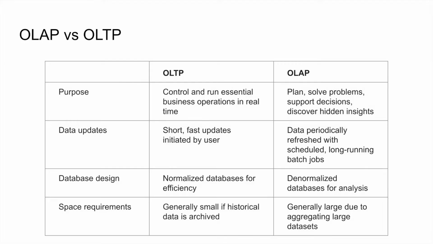In OLTP, the updates are fast but small, whereas in OLAP, the data is periodically refreshed and the data size is generally way larger in comparison to OLTP. When we look at the database design, generally in OLTP, it's normalized data for efficiency, and in OLAP, it's denormalized databases.